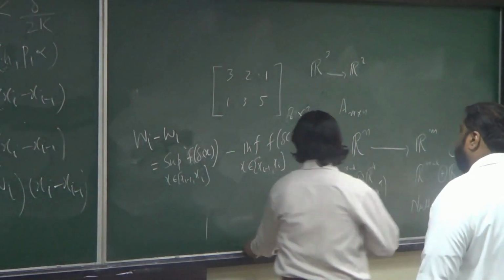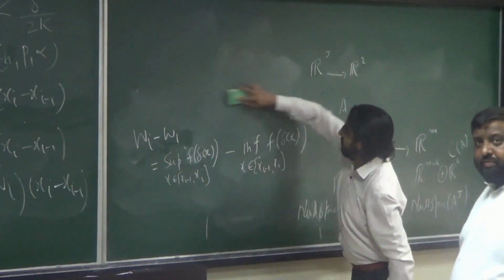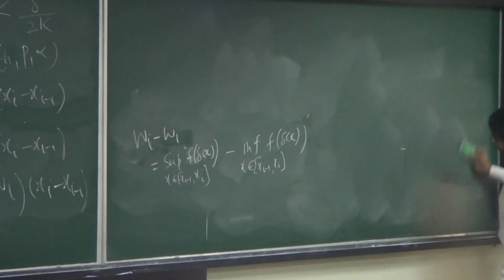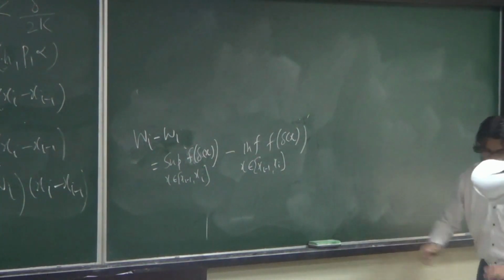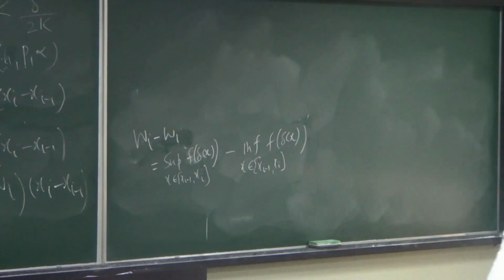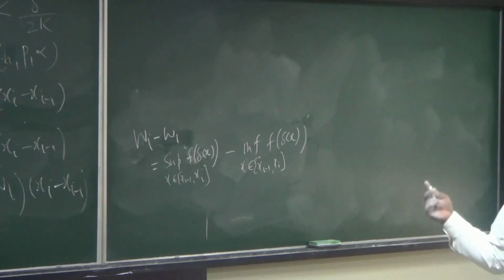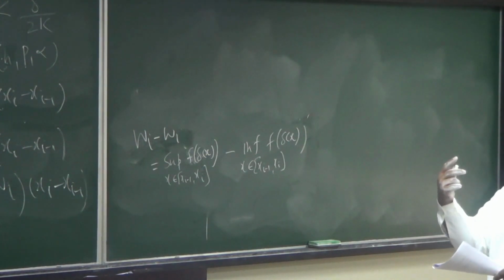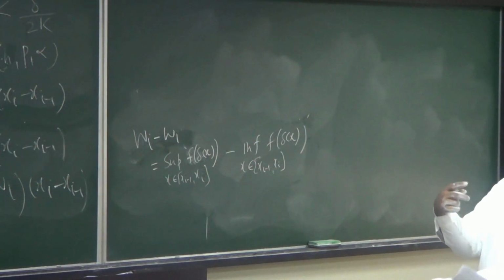Just think about it. Where is g of x? If x is in [x_{i-1}, x_i], it's a part of A to B. So where is g going to throw these values?